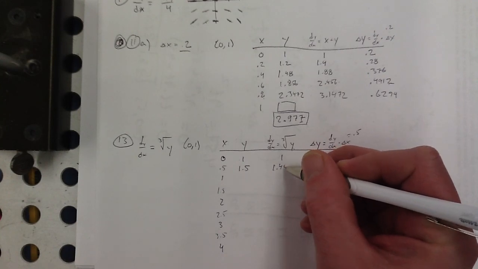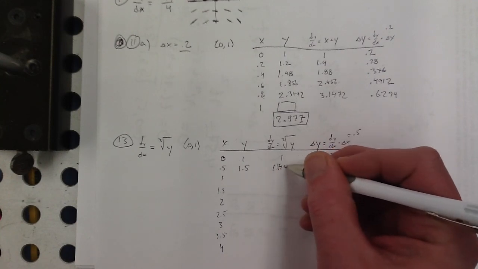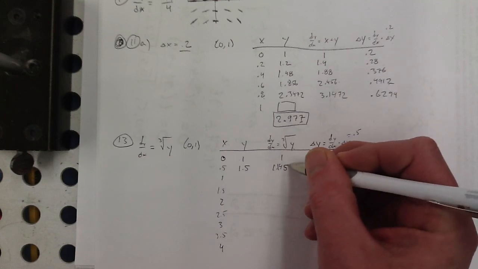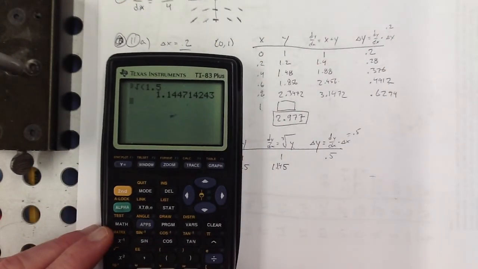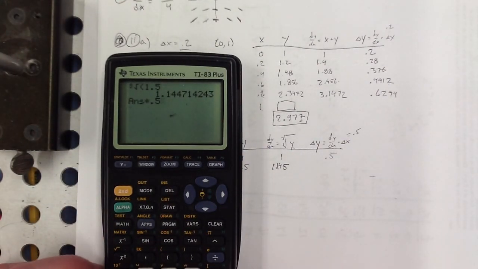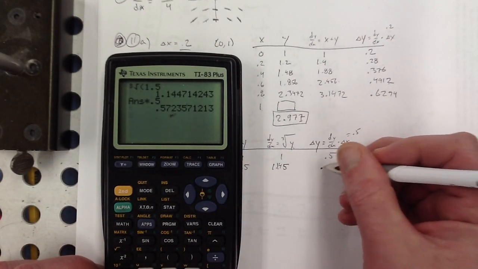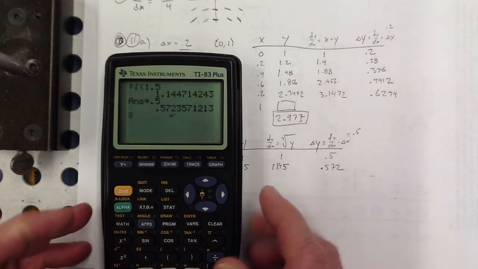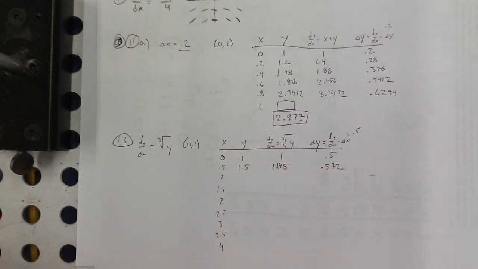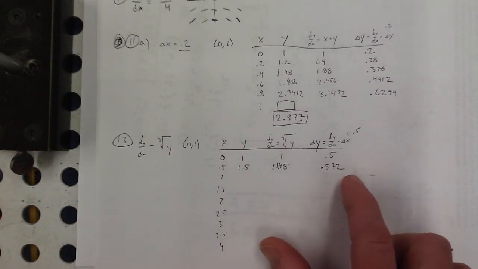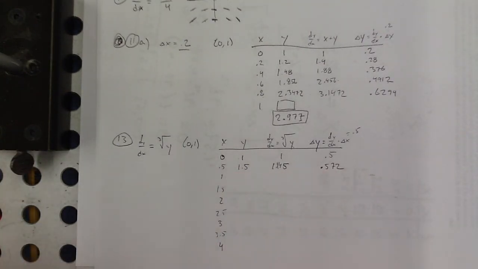I'm going to write down that's 1.145, but I'm actually keeping the number in my calculator. I'm just going to keep that and do times 0.5. Then I'm going to keep this number and bring that over. I'm keeping more than what I'm writing here in case I get something slightly different than yours. So then I'm going to add that to plus 1.5.